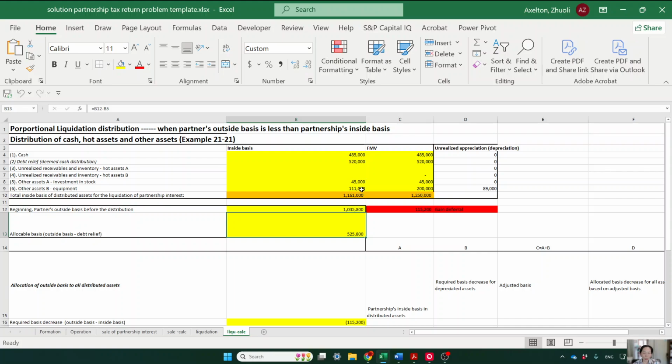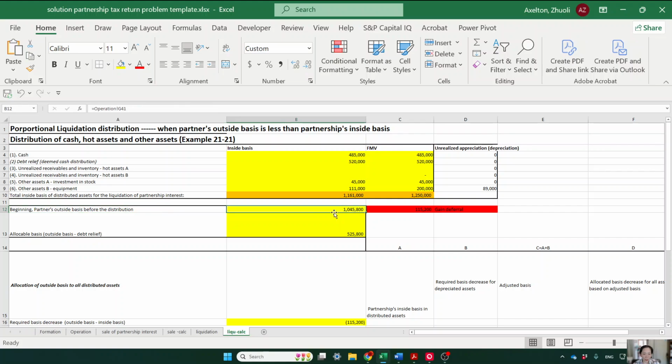So if you try to figure out the allocable basis portion by simply looking at the outside basis excluding the debt piece, you'll come back to the same answer. But at the end of the day, what we really have to pay attention to in this calculation is figuring out the debt piece. I think that's the confusing part of the calculation.